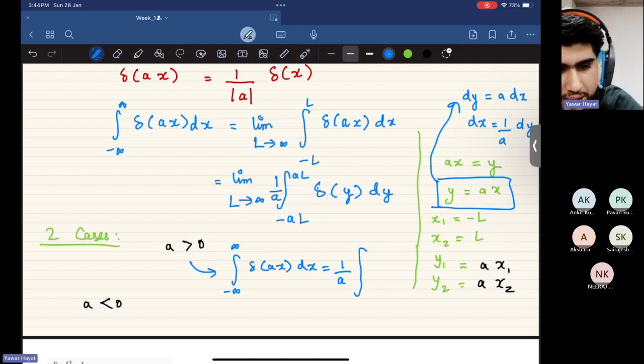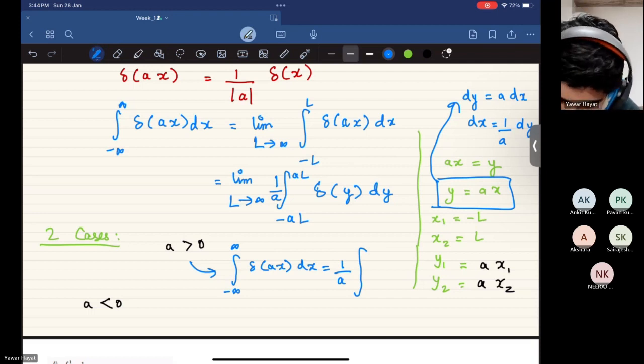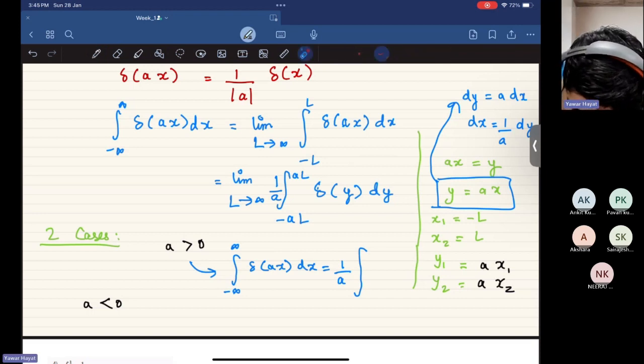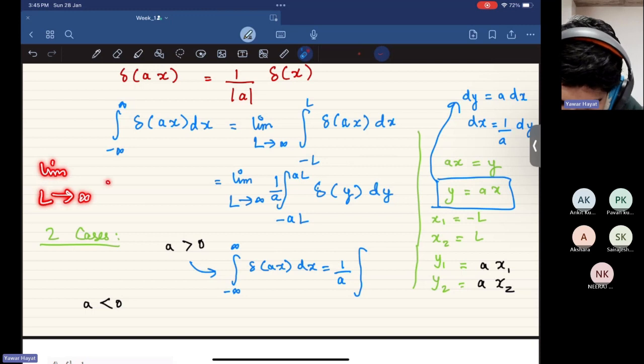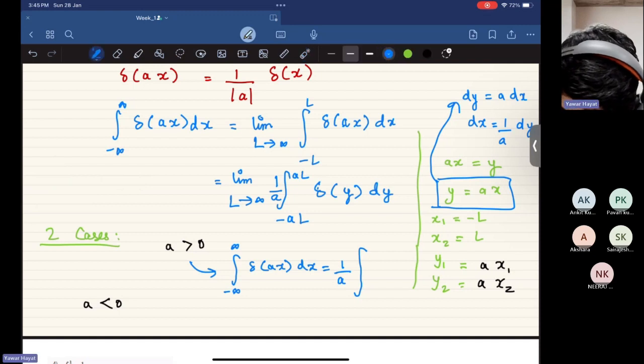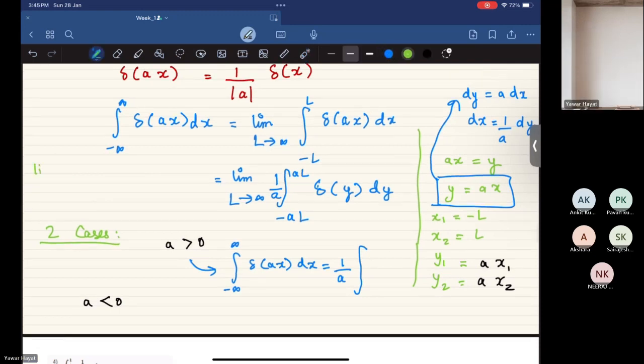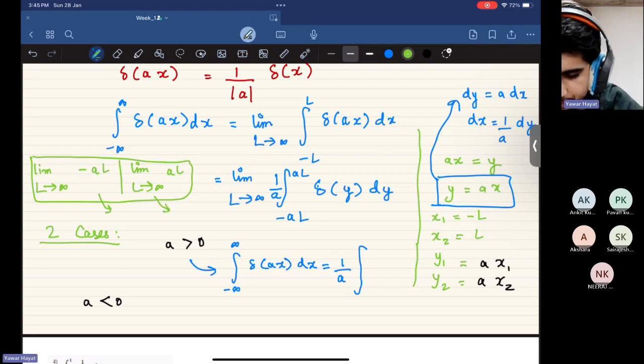Okay, let me formulate it again. I'm putting the limit L tends to infinity, right? What are these two values?